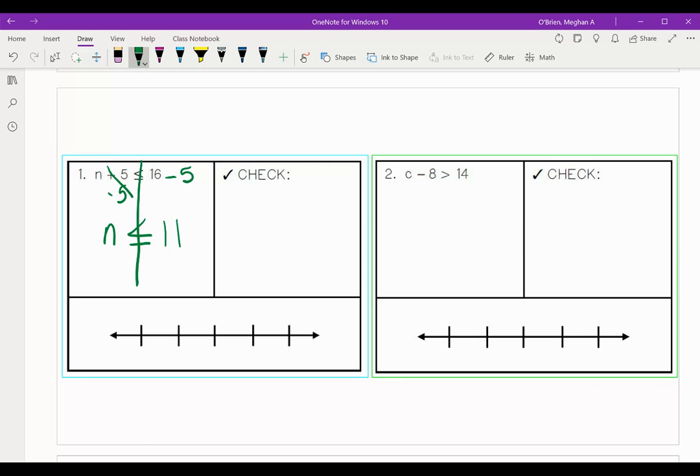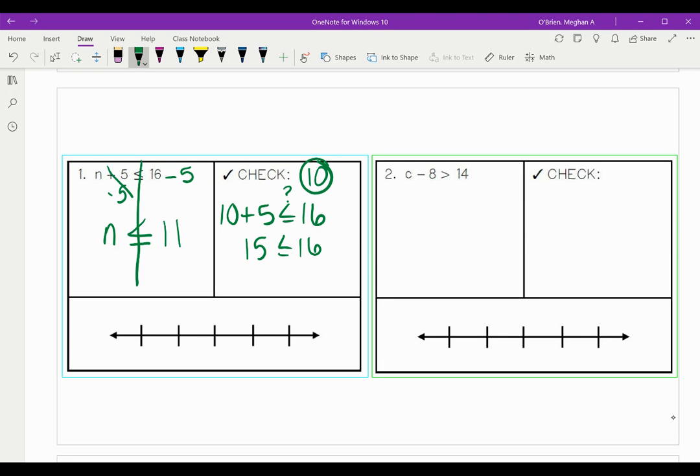I can check it to see if I am on the right track by picking a number less than or equal to 11. So let's just use a check number of 10, since 10 is less than 11. I'm going to plug it back in to the inequality and see if it's correct. So is the left side still less than or equal to 16?